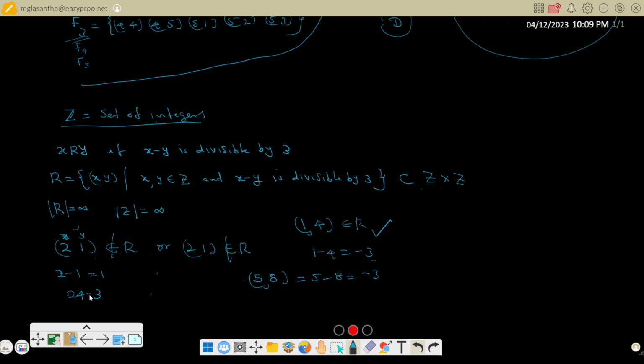Then (24, 3). 24 minus 3 is 21. 21 is divisible by 3.